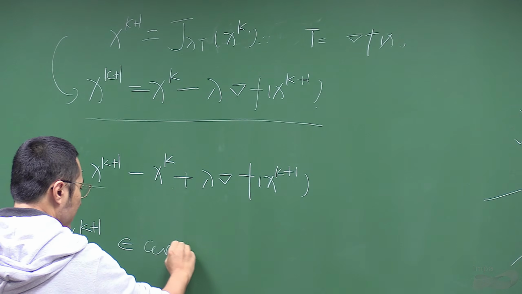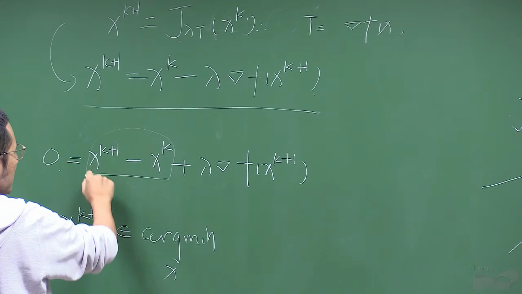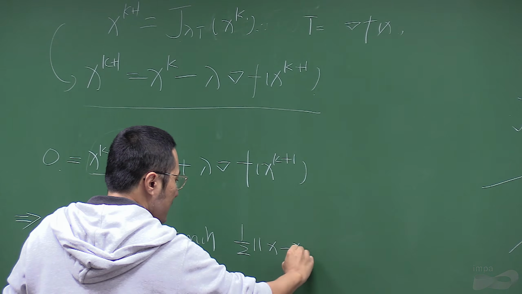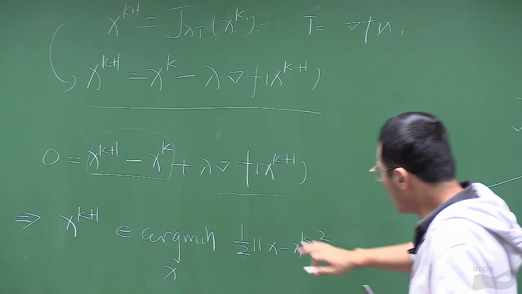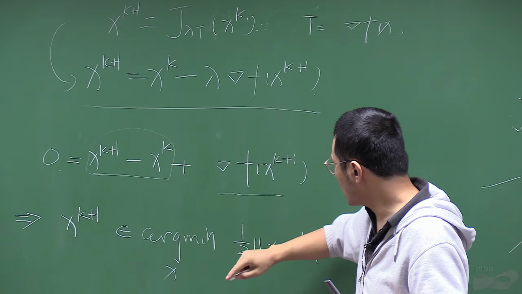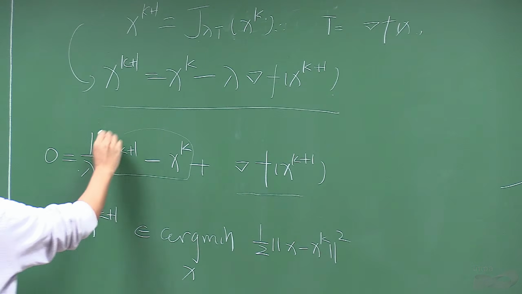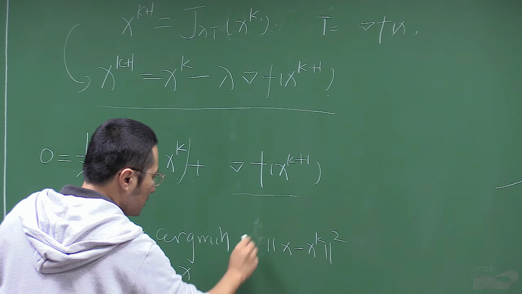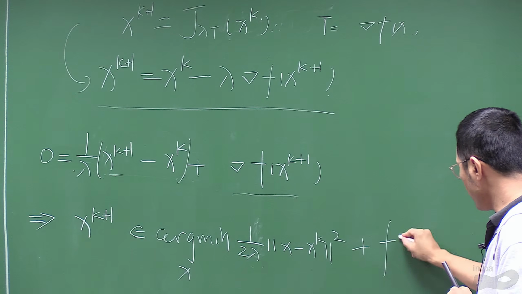So we know that xk plus 1 belongs to the argmin over x. We can find the original function of this part: 1 over 2 times the norm of x minus xk squared, and of course we divide it by lambda, so we have 1 over 2 lambda here, plus f of x.